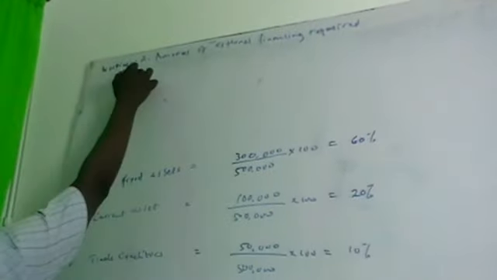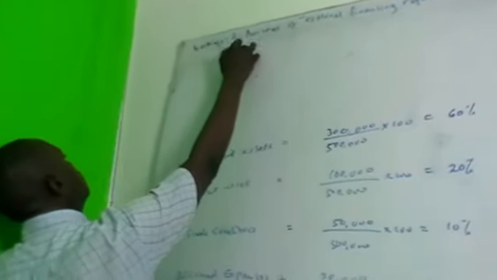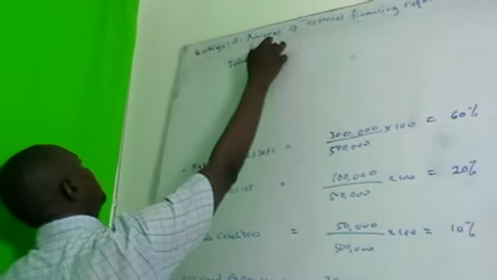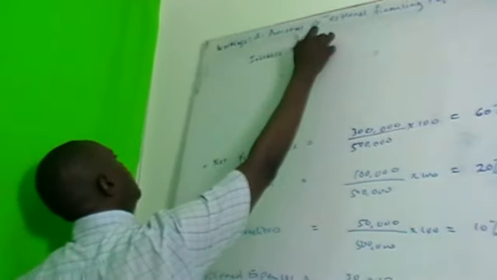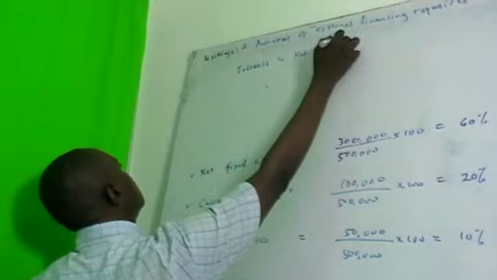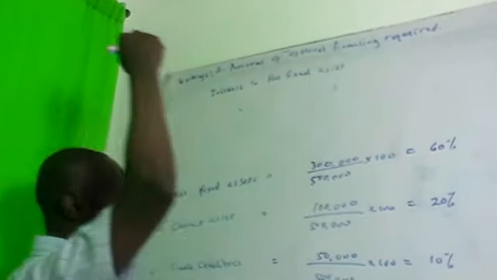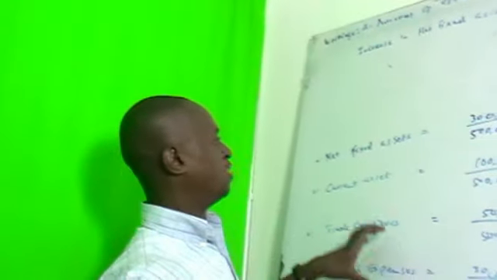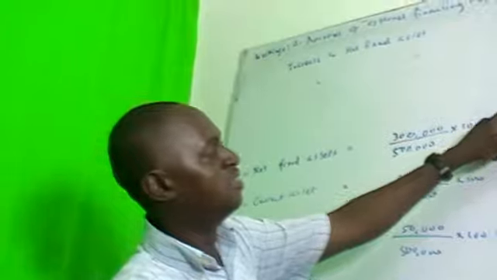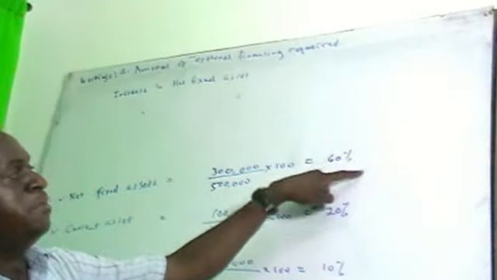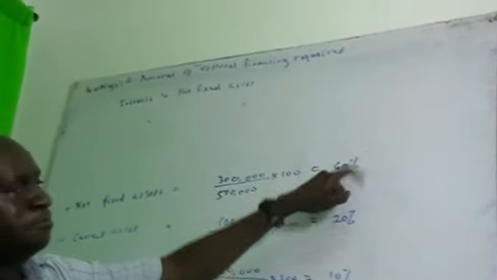Now we have an increase in net fixed assets. So one of the assumptions of this method is that this relationship will be maintained throughout the forecasting period.